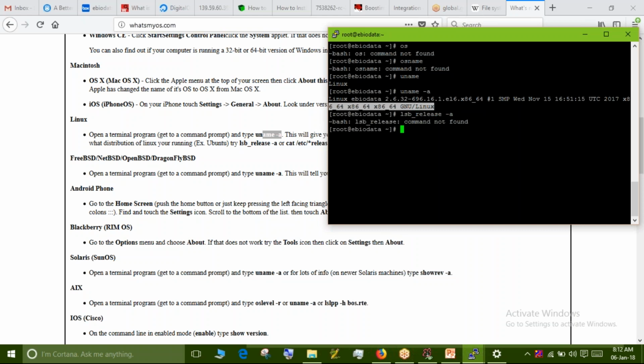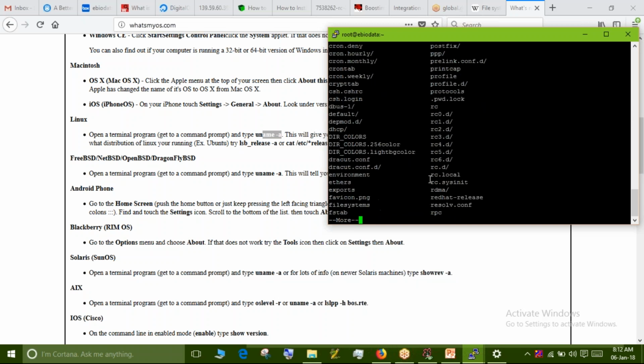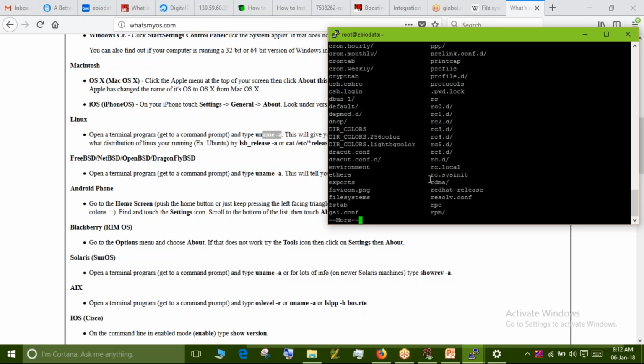No, I don't know, but there should be one on Ubuntu. No, it's not that. It is not showing. Cat /etc/, there should be something called release, or Red Hat.